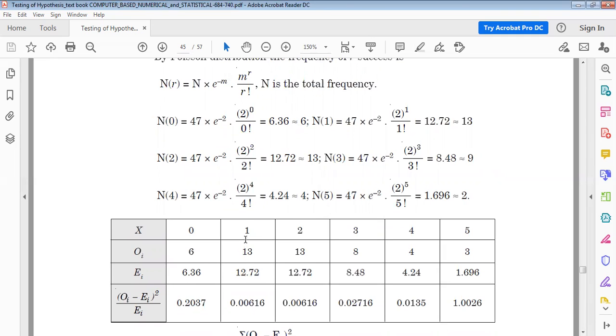For r equals 1 we get 13, for r equals 2 we get 13, for r equals 3 we get near 8. You can take 9, but you should take near 8. For r equals 4 it is near 4, and for r equals 5 the expected value is 3.